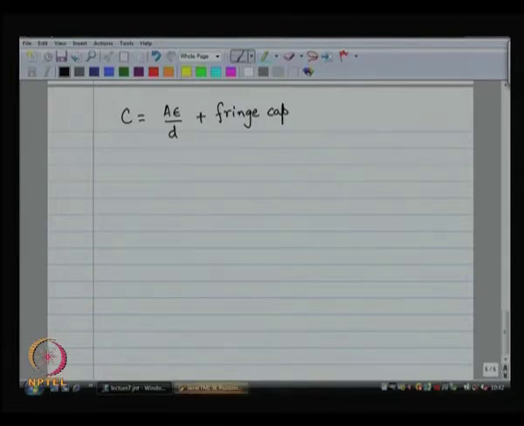Is it going to be proportional to the dielectric constant? Yes. Is it going to be inversely proportional to the distance between the two plates? Yes. What else is it going to be proportional to? Is it going to be proportional to the area? No. Okay.